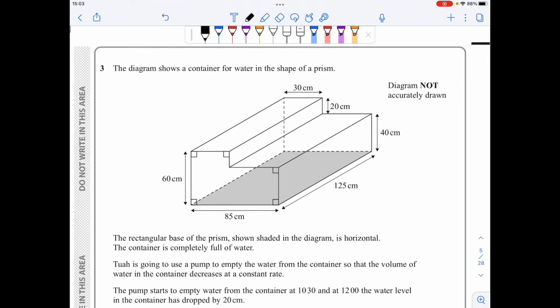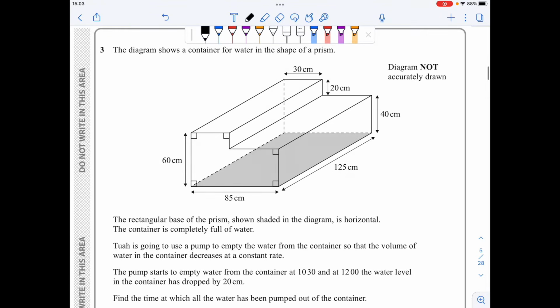In question 3, I have this container full of water, and between 10:30 and 12, water is being removed at a constant rate, and the level of the water drops by 20 centimeters. So if I separate the water that has been removed and the water that is still in the container, then I get the following.